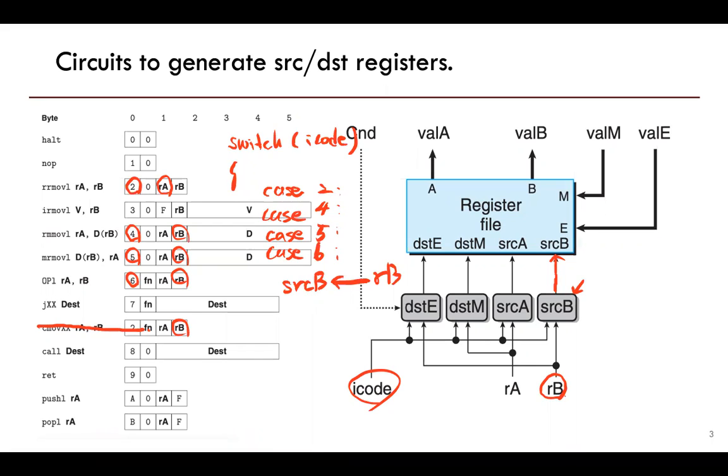Otherwise, the other case, all the other cases, we assign hexadecimal F to source B. Okay, so you can implement this switch case in this source B part, and definitely you may come up with an idea of which component we can use to implement this part.